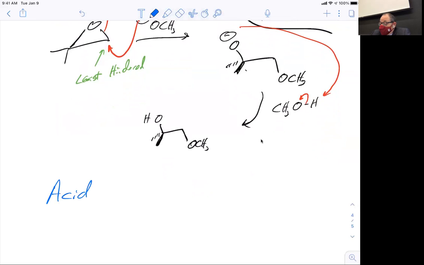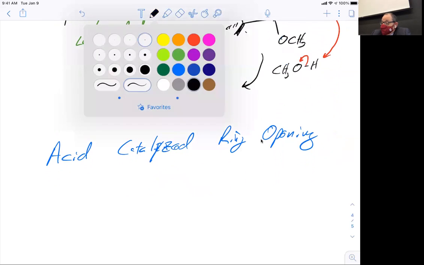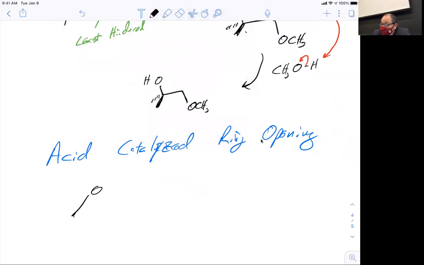An acid catalyzed ring opening. So if we start with a similar substrate, this asymmetric group here, and now let's take the same reagent, but let's put it in an acid solution. So H3O plus, here we have methanol and H plus, so sulfuric acid is our catalyst.